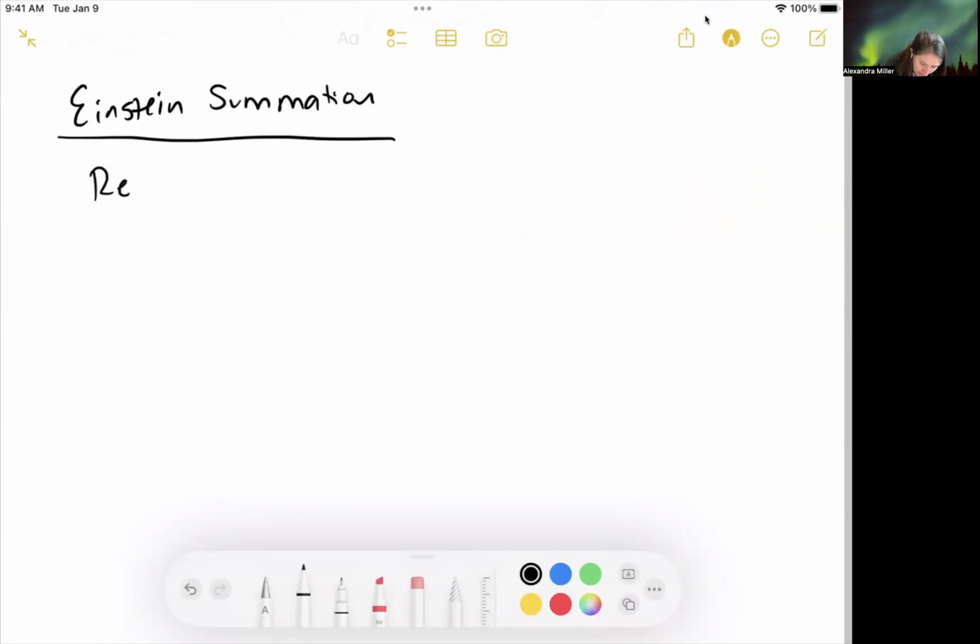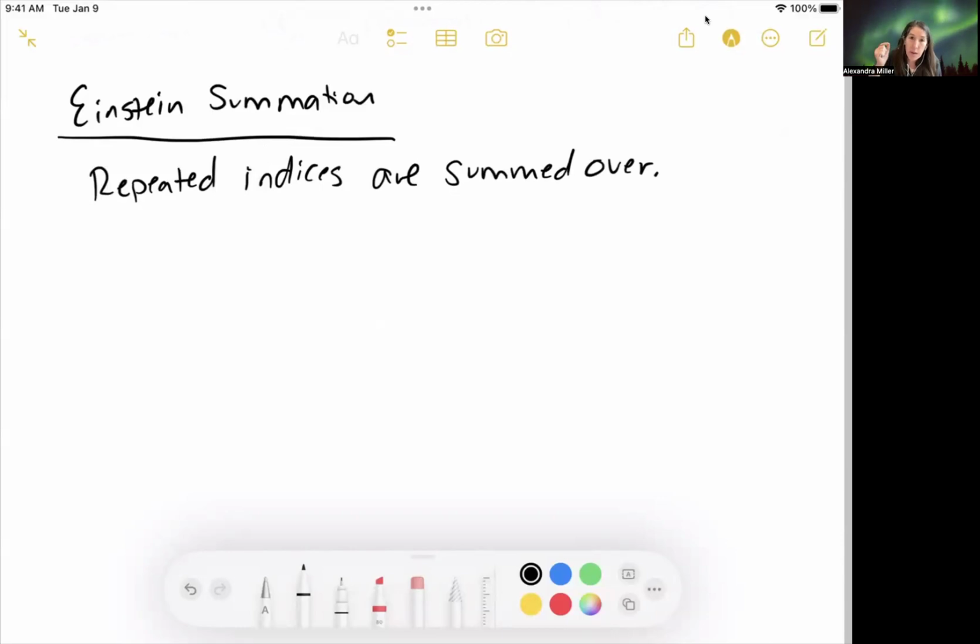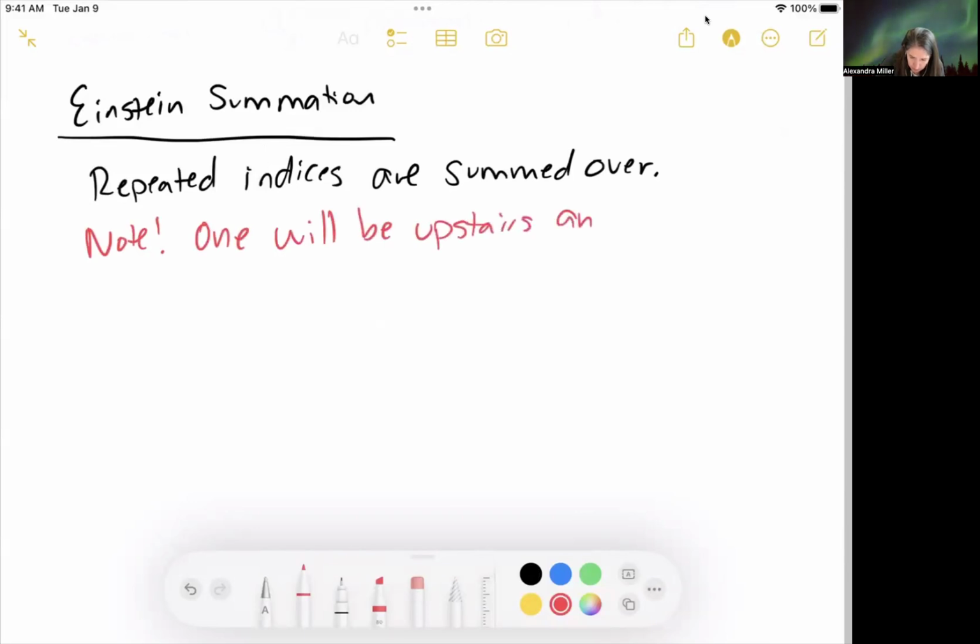So repeated indices are summed over. And when we have repeated indices, one always needs to be upstairs and one always needs to be downstairs. I'm going to put this in red. Note, one will be upstairs and one downstairs.